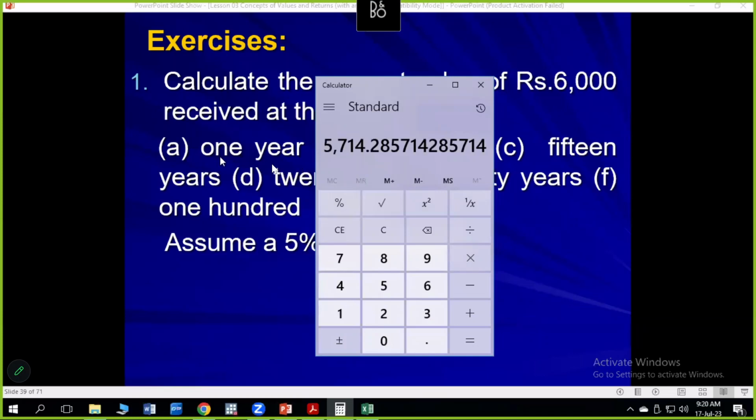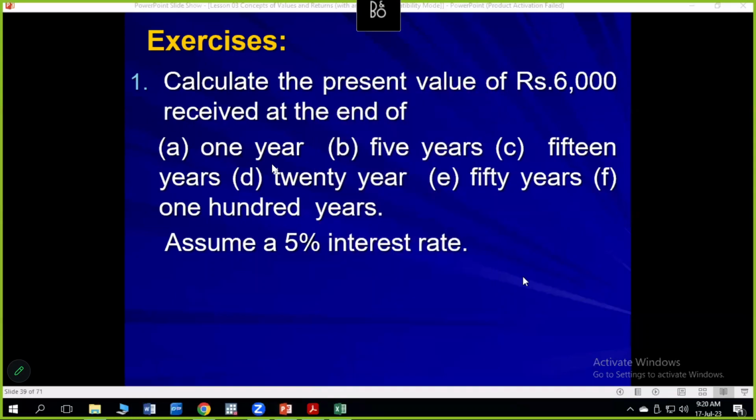Then if you straight away put the answers like that, that cannot be accepted.